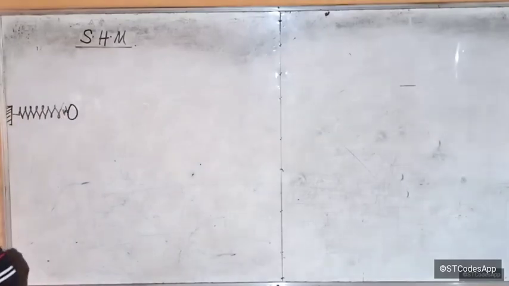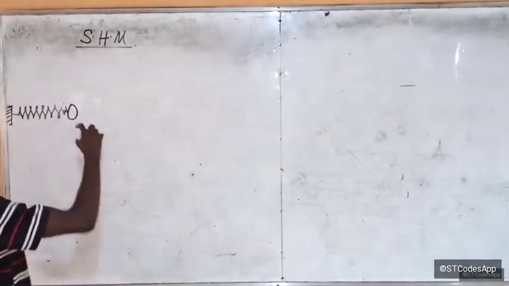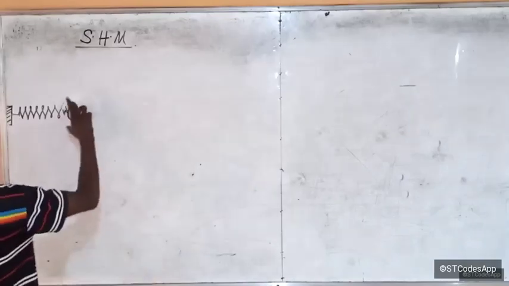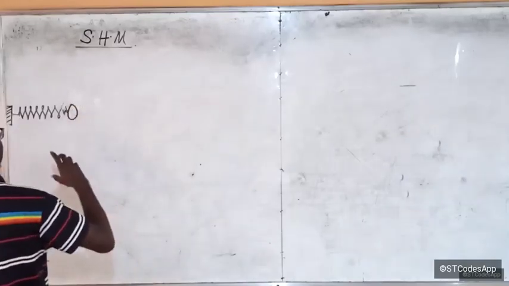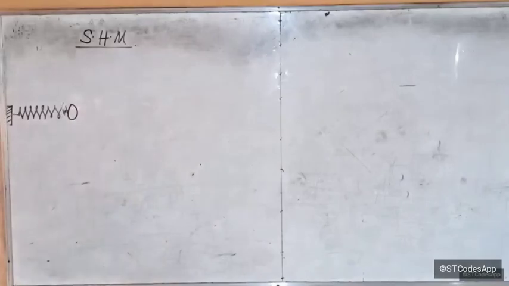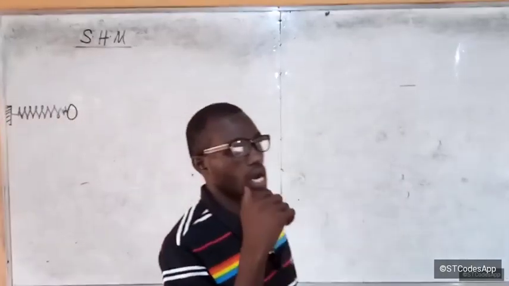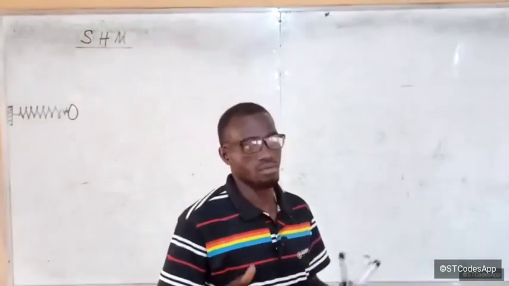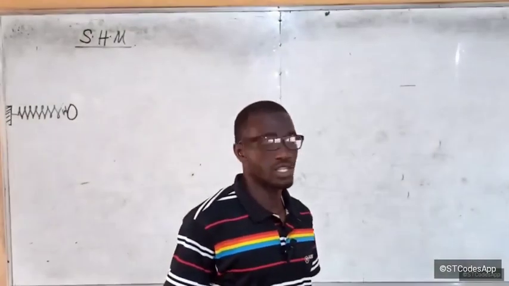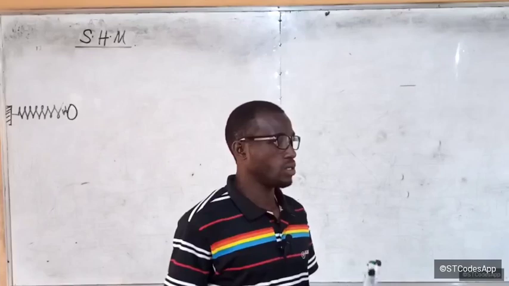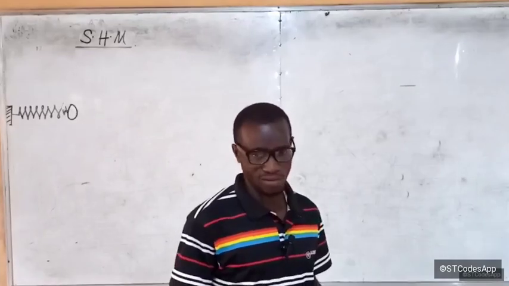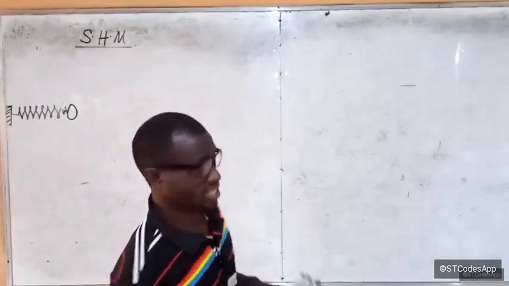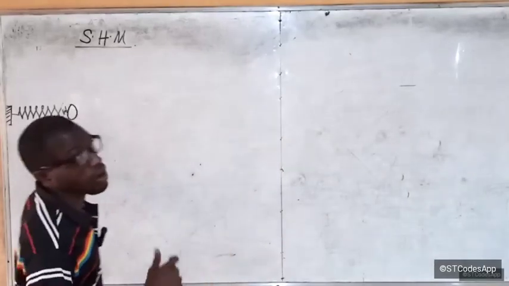If an external force is applied on this spring, this body will continue in motion forever, all other conditions being equal, if there is no friction, according to Newton's first law, inertia. So that body will continue in that motion forever.